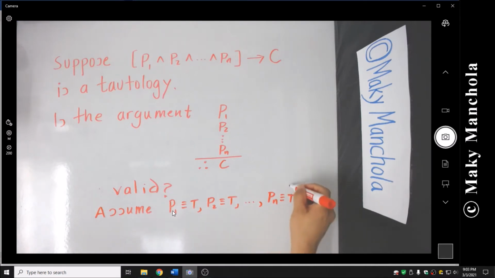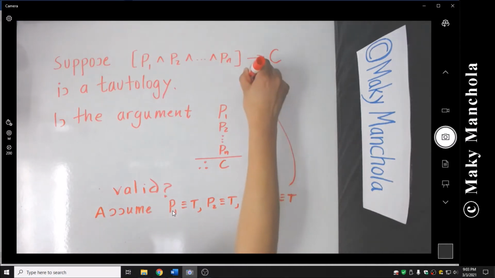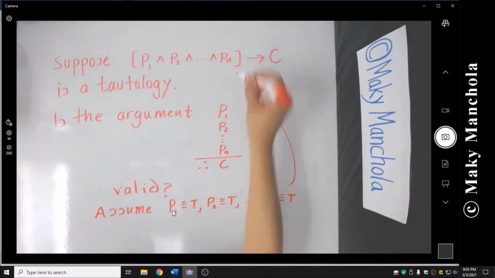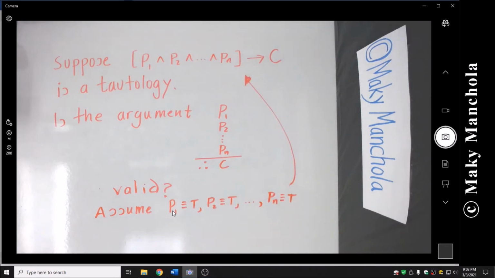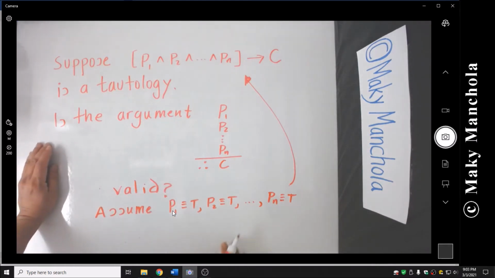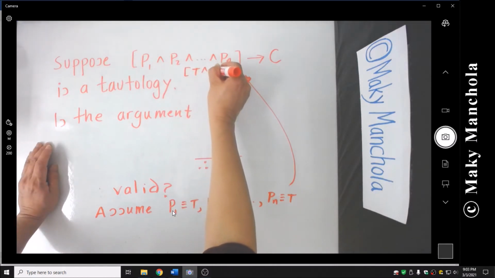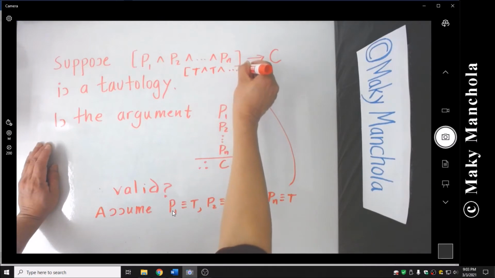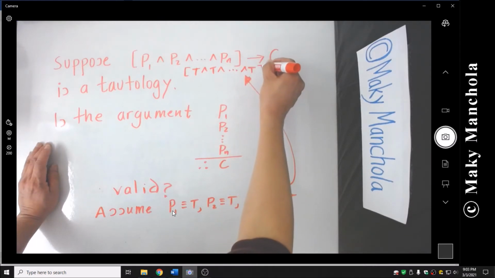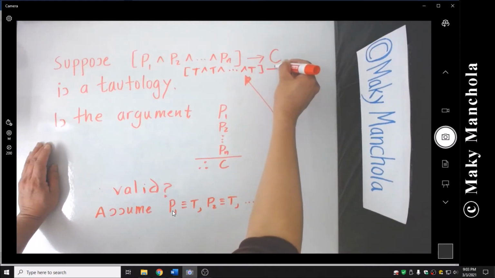Now we're going back to our conditional: conjunction of the premises implies conclusion. So we're plugging in P1 all the way to Pn is true. So we got true and true and true. All of them are true, implies the conclusion.